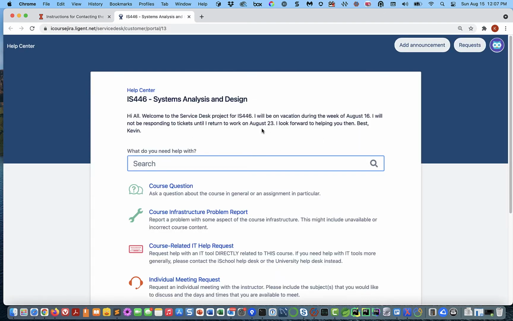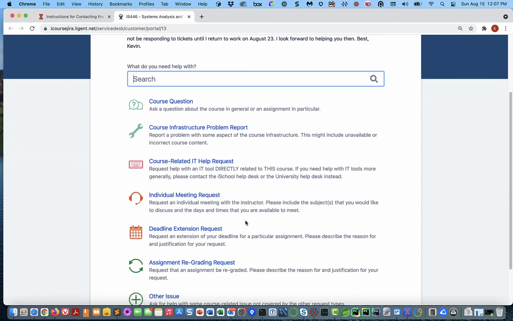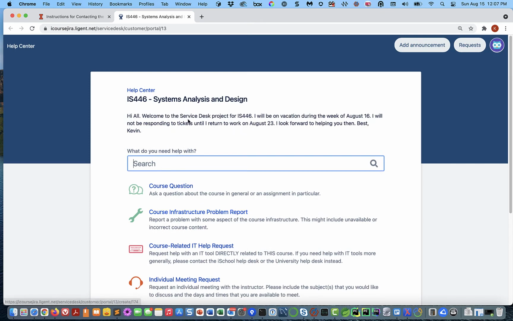I've gotten through to the page where you can pick what type of ticket you want to open and start to fill it out. But if you don't already have a login, you will have to go through identifying yourself to the server.